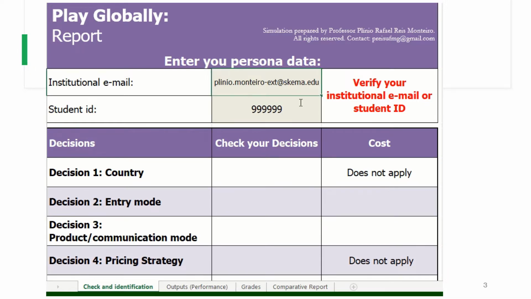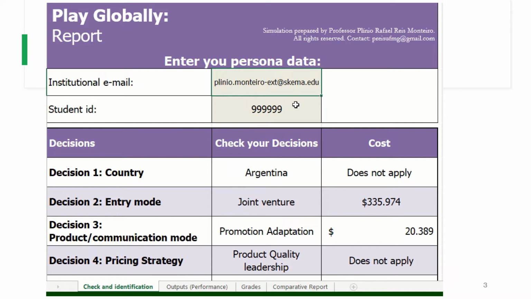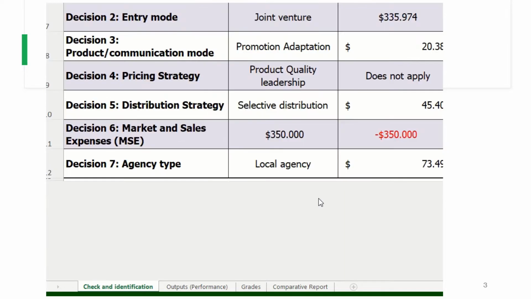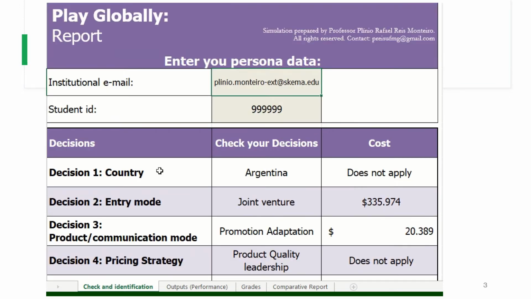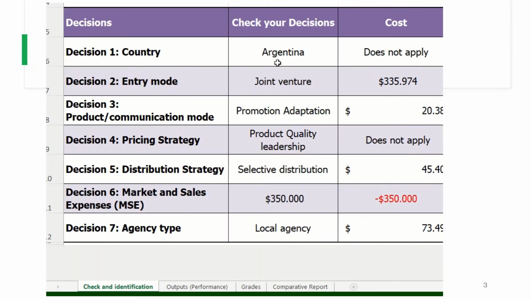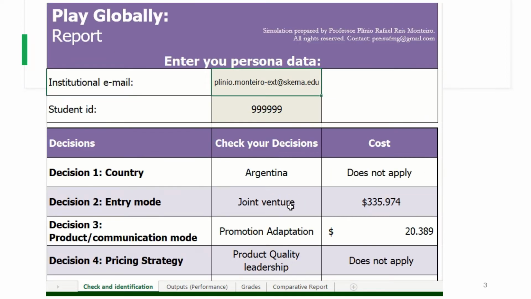So in my case, this is my personal identification, and then I will be able to look at all the decisions that I made. I can check here if everything is all right. It should be the decision that I sent and the same that you received in your institutional email as a receipt.